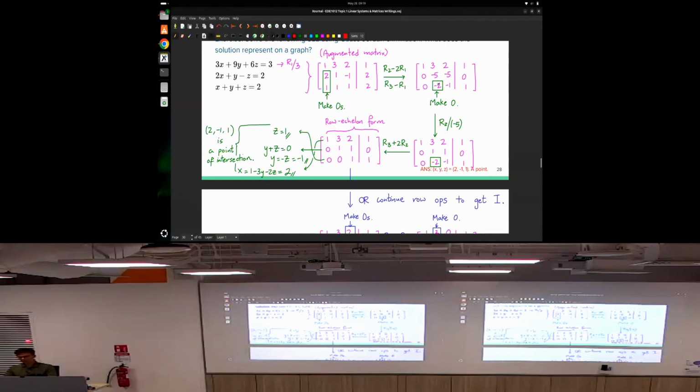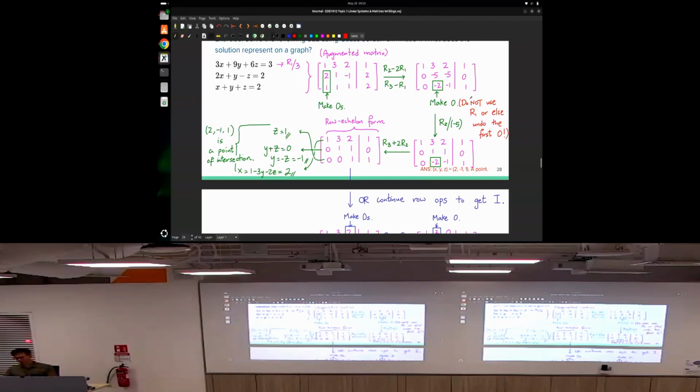When you make the 0 for this minus 2 element, you do not use row 1. Because if you were to use row 1, then you get 0 minus some multiple times 1, and you're going to get back this entry. So here, do not use row 1, or else you undo the first 0.